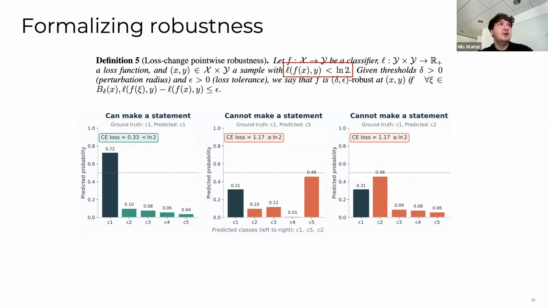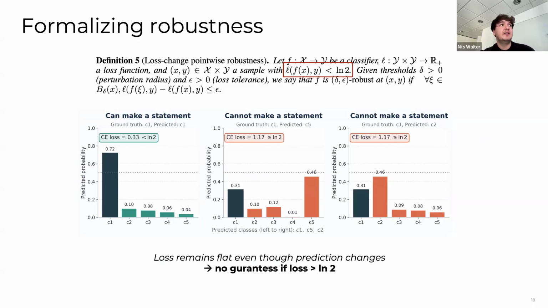And this can only happen if the loss initially for the predicted label is bigger than ln 2, because then the margins don't work out anymore. Which already shows the first limitation of flatness for making statements about adversarial robustness: as soon as for your specific sample that you want to make a guarantee for, the loss is bigger than ln 2, you cannot make any statements already.